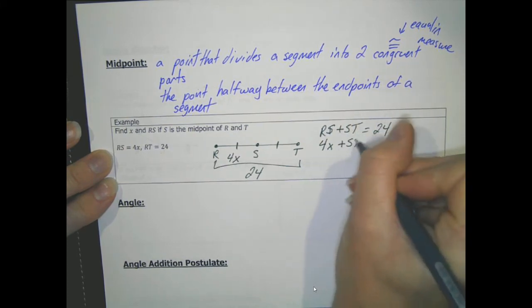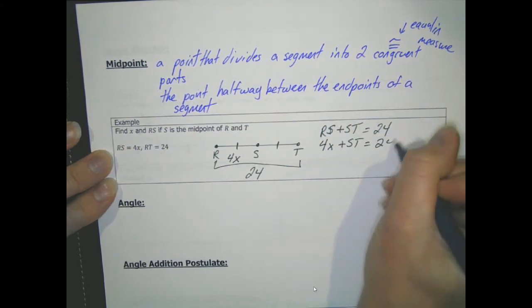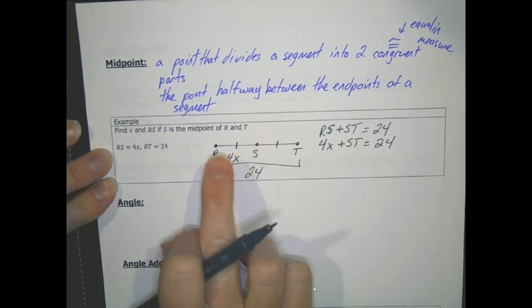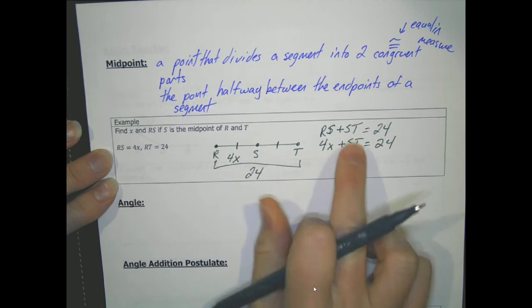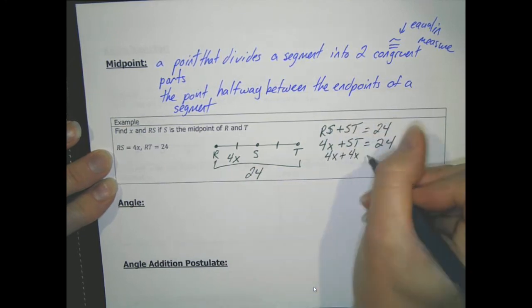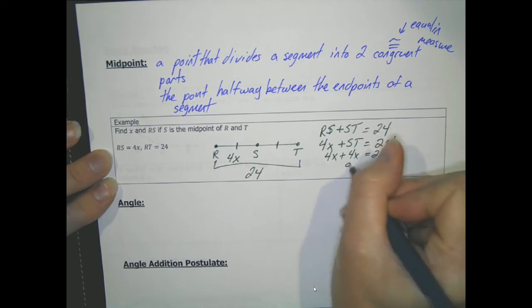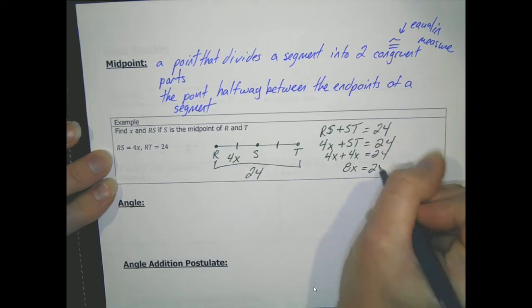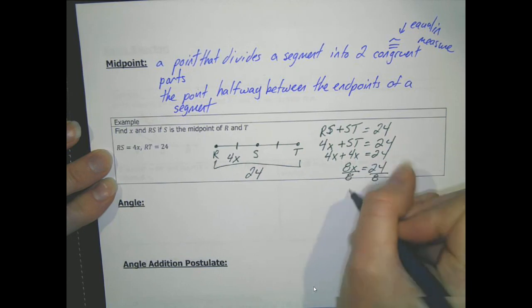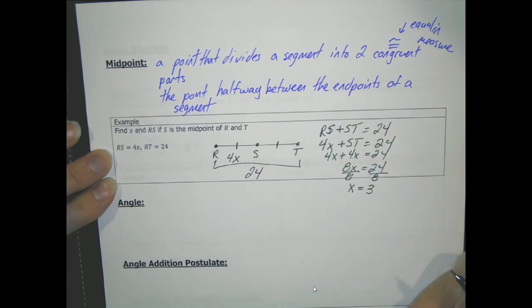I'm not given the distance from S to T, but these two parts are congruent, so the distance from R to S is 4x, and the distance from S to T is 4x. So I have 4x plus 4x is equal to 24. 8x is equal to 24. Divide by 8, divide by 8, x is equal to 3.